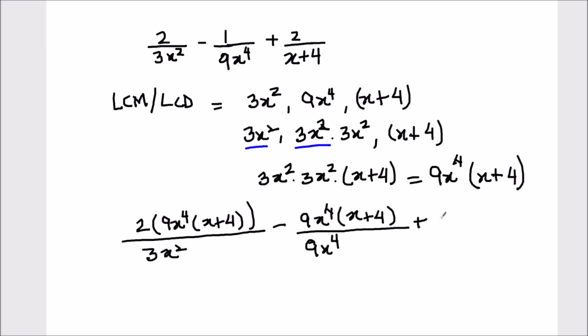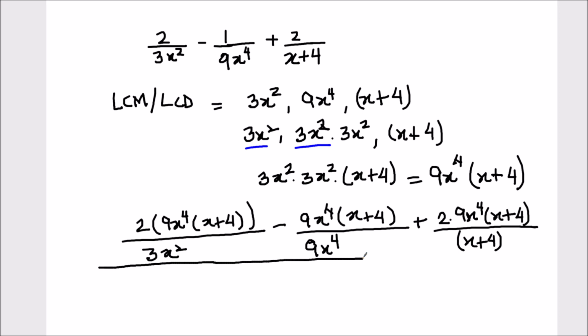Third term will be 2 times 9x to the power 4 times x plus 4 divided by x plus 4, and all of these terms will be divided by the LCD. So whole divided by 9x to the power 4 times x plus 4.